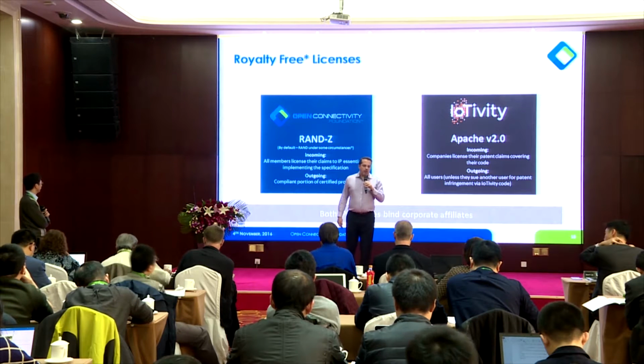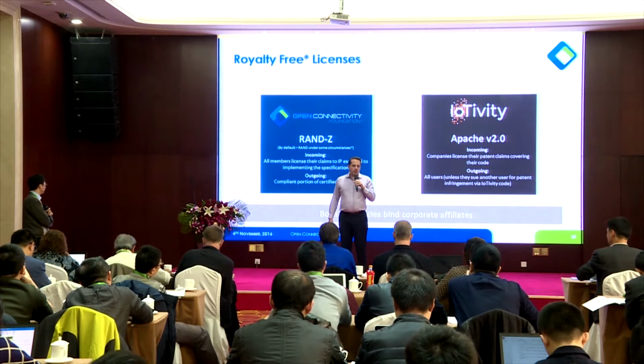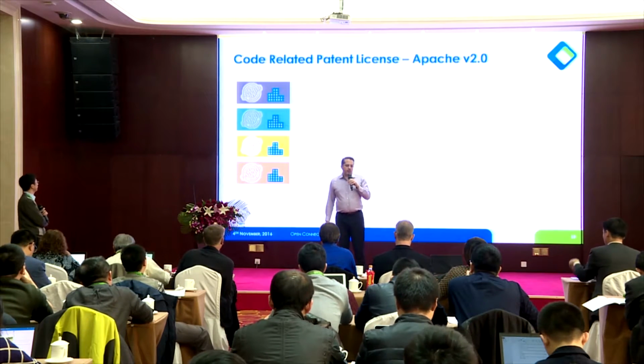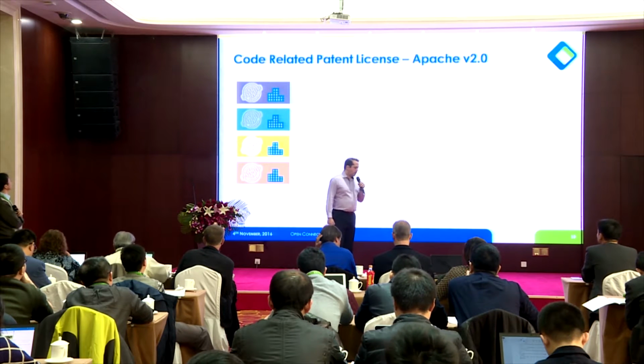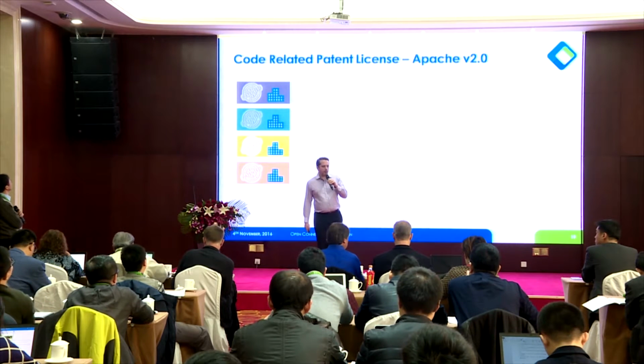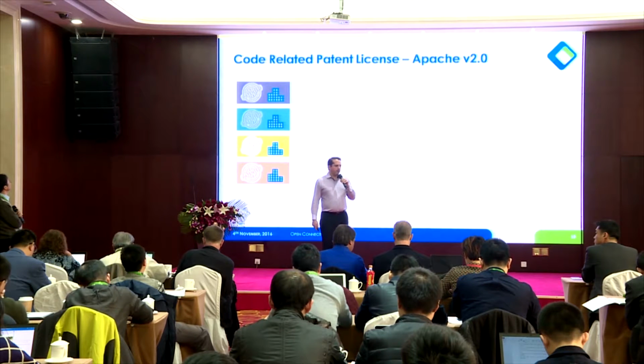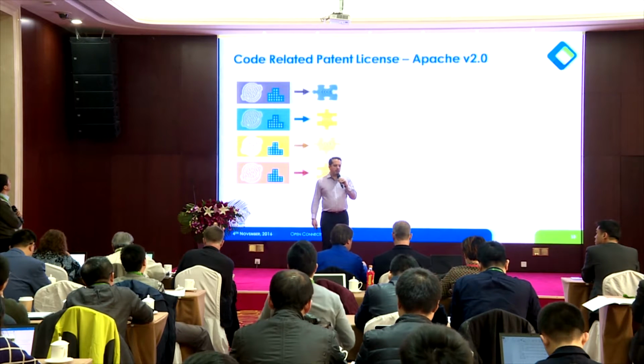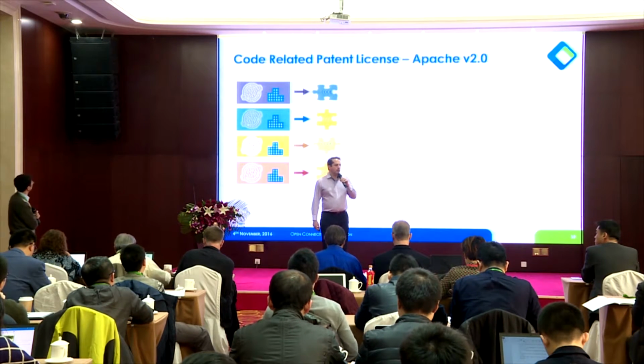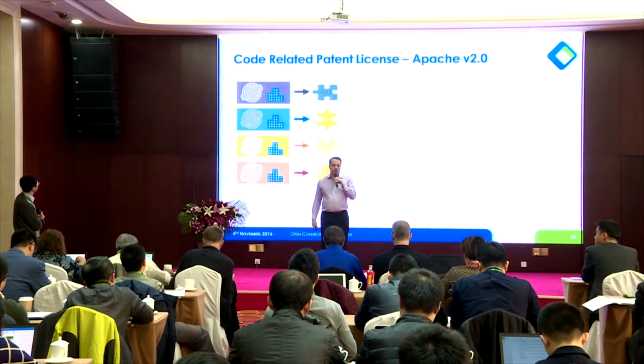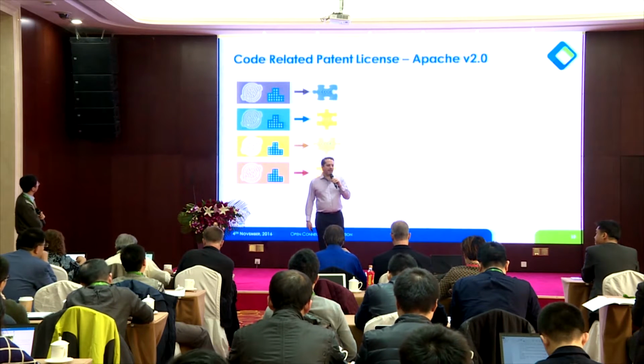So the way that the Apache 2.0 license works, like any collaborative open source project, lots of different contributors contribute code. So in OCF's case, most of this is coming from corporations. A lot of those corporations have patents.